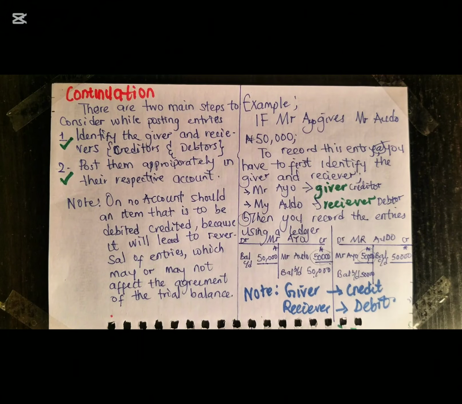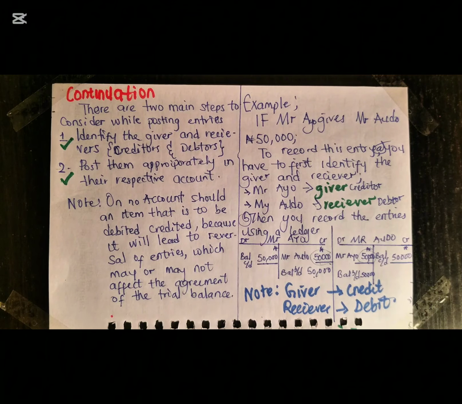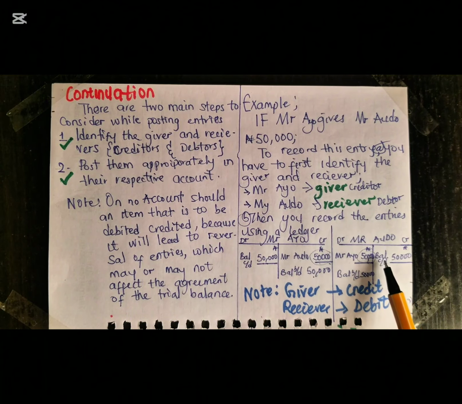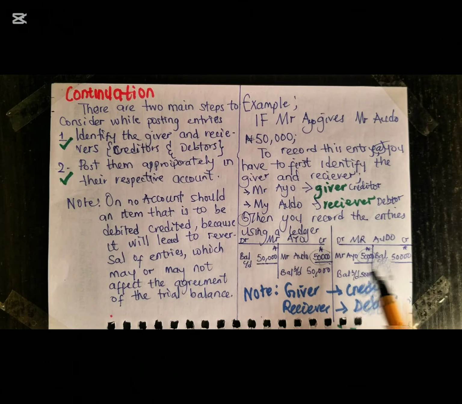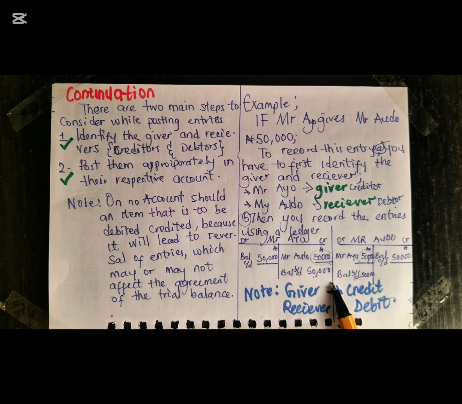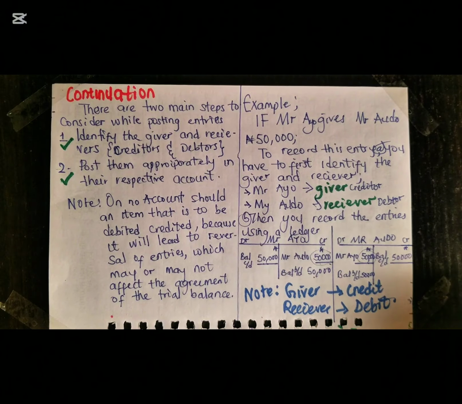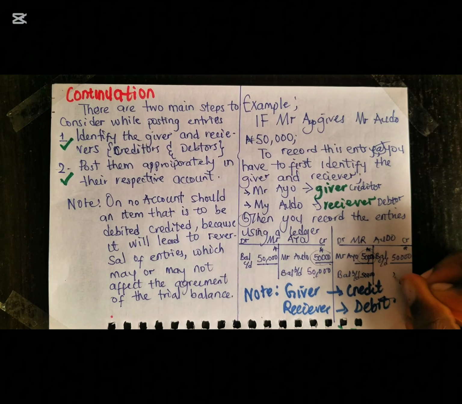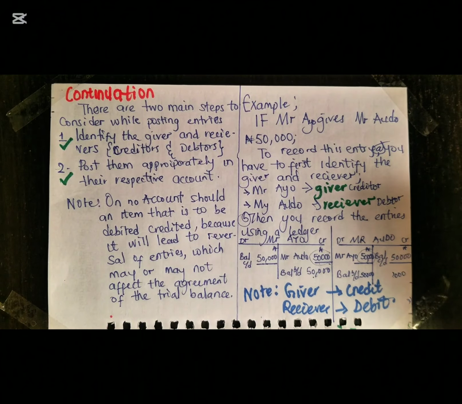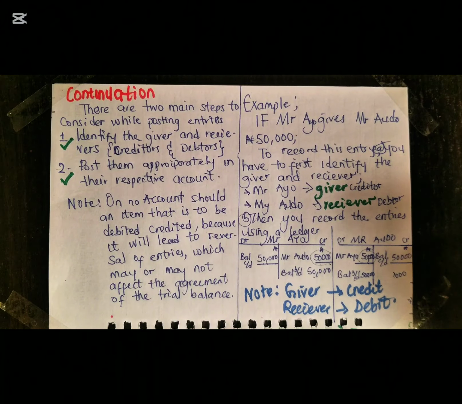Do you understand? There's something I want to state again. If for example your space is too small, let's say you are to prepare an account and your space is too small for the Naira sign and the amount, you can put a comma here and put 3 zeros. Let's say you are using 50,000.